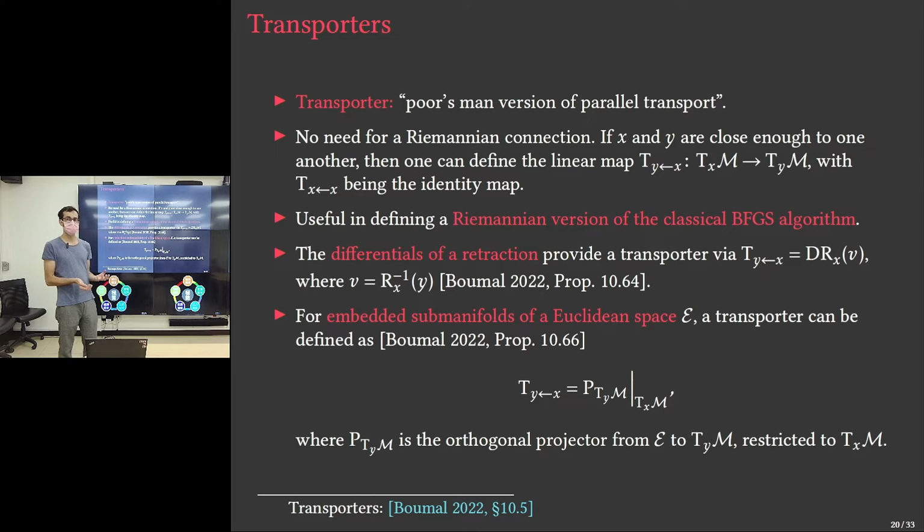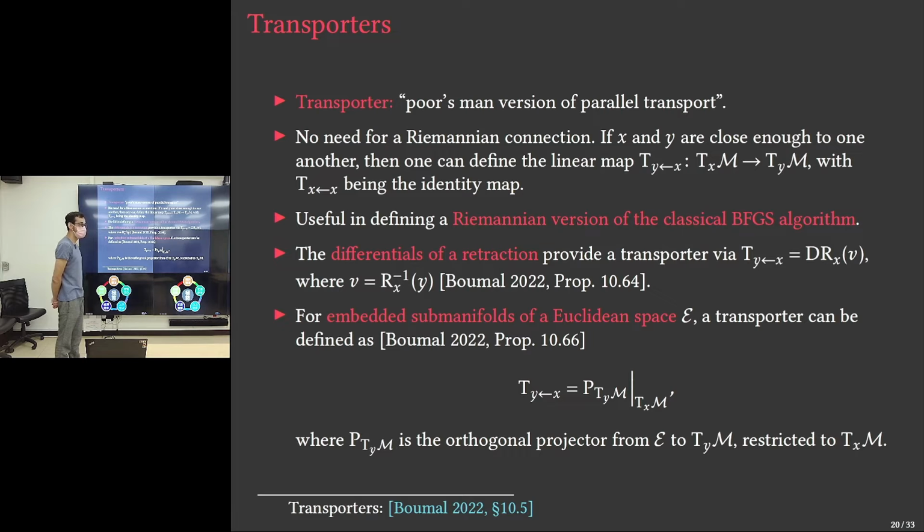They use an approximate version of parallel transport. As Nicolas Boumal writes in his book, the transporter is a poor man's version of parallel transport. So we are really cheap, and we do not want to compute the parallel transport. It's too expensive. So we use this tool.